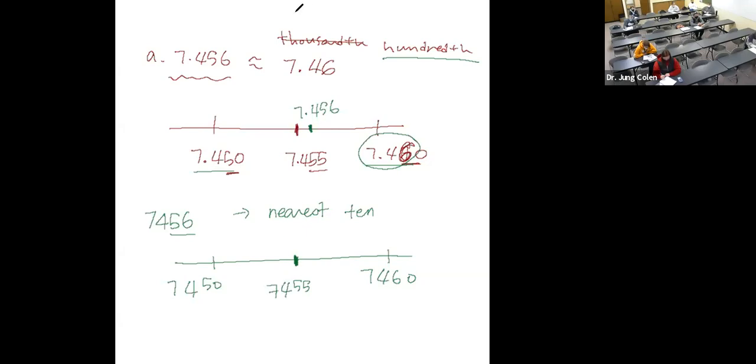For our number, 7,456 is closer to 7,460 because it's right here, 7,456. That's why we are rounding this to 7,460. Make sense? Okay. So I'm pretty sure you all know about this concept. Let's finish this one, okay, before you guys leave.